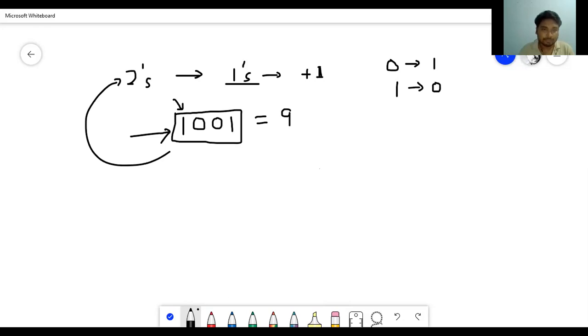Similarly, if I want to make the 1's complement of this number, the 1 becomes 0, and the 0s become 1, so we get 1 1 1 0. Then I have to add 1 here. This number is the 2's complement form, the 2's complement of 9. The earlier one was the 1's complement value of 9.